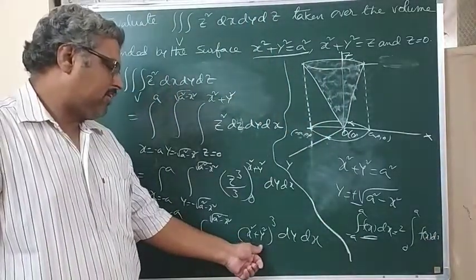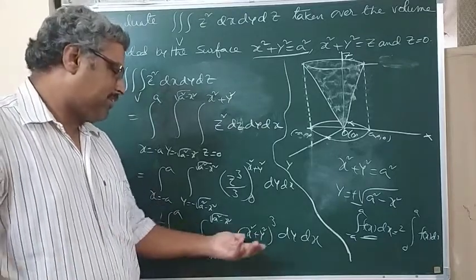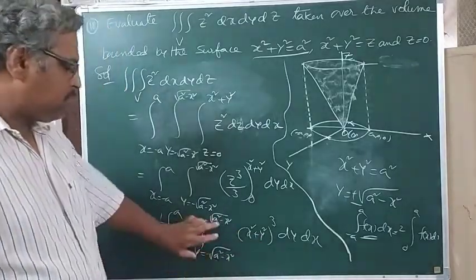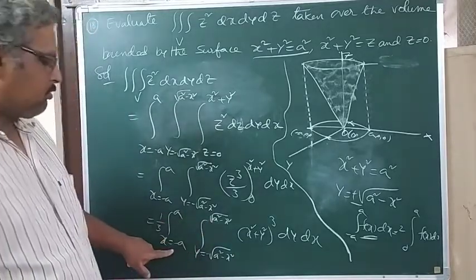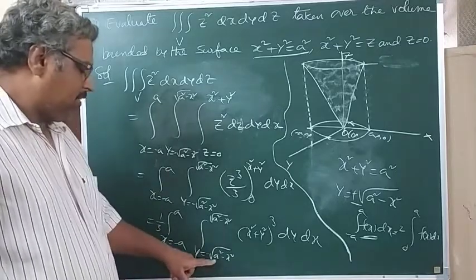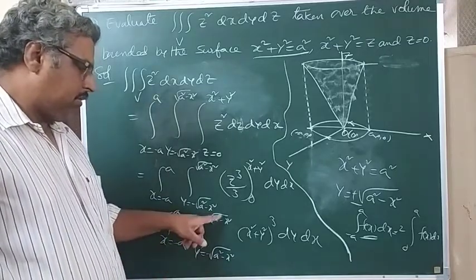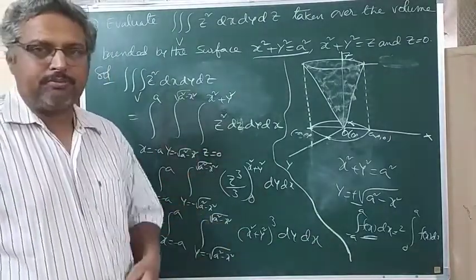Here x square plus y square is an even function. If you replace y by minus y, you will get the same function. That's why this is 2 times the integral from 0 to root over this one, and also 2 times, so 2 into 2, 4 times the integral from 0 to a, and the integral of y is 0 to root over this one. Okay, I will solve in the next step.